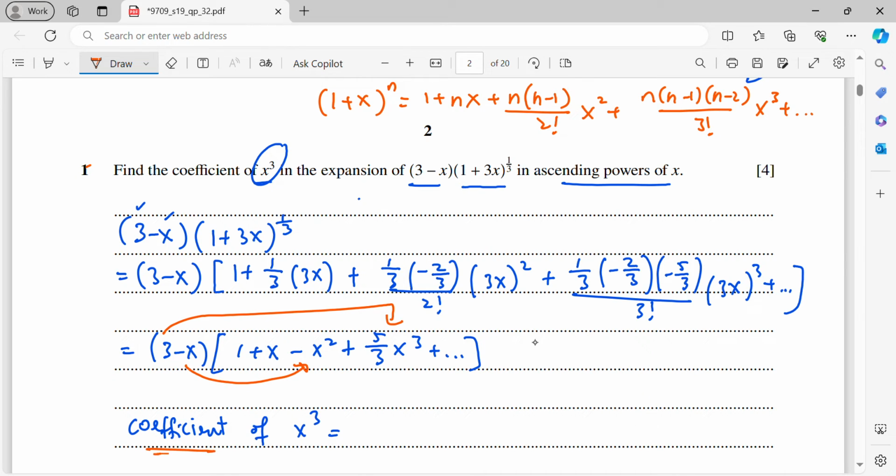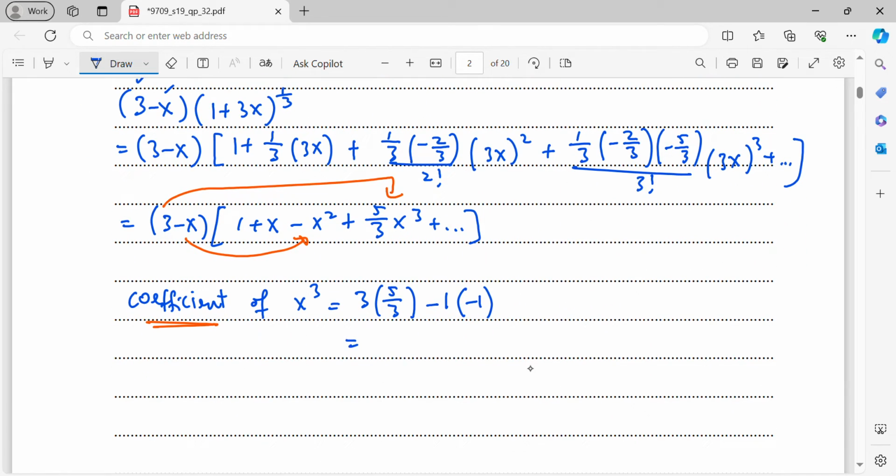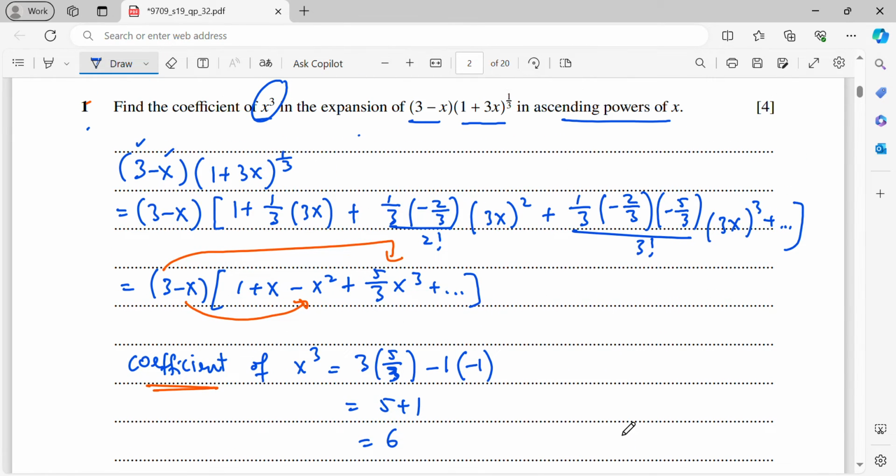But since I'm writing the coefficient here, I will ignore the term x cubed. So that is 3 times 5 over 3. Then minus 1, because of minus x, times the minus x squared, that means it's another minus 1. Therefore, I will be getting 5 plus 1, that is 6. So that is the coefficient of x cubed in this question.